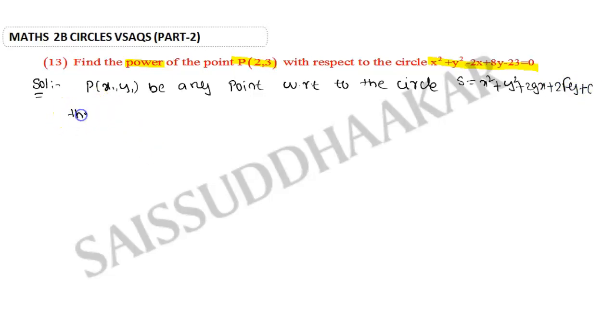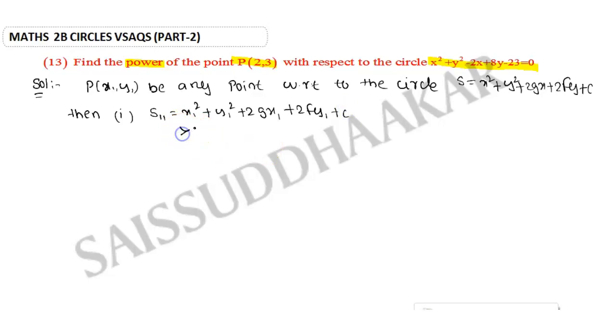Then first condition, number 1: S11 = x1² + y1² + 2gx1 + 2fy1 + c.